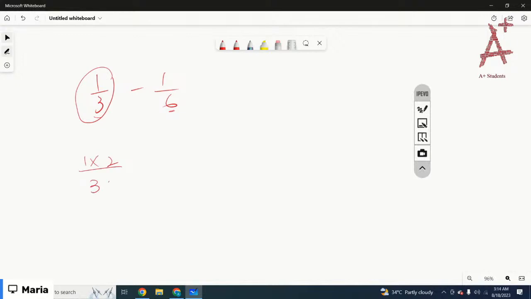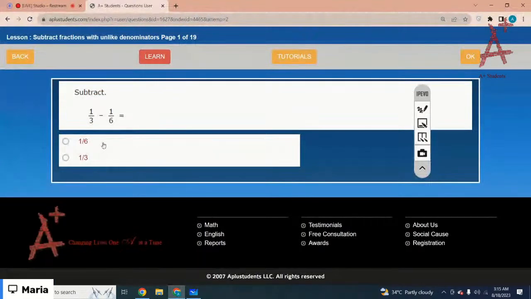So it would be 1 times 2 over 3 times 2 minus 1 over 6, right? So 2 times 1 is 2, 3 times 2 is 6. It would be 2 over 6 minus 1 over 6, right? So the denominator is 6. Just subtract the numerators. 2 minus 1 is 1 over 6. So the correct option is 1 over 6.